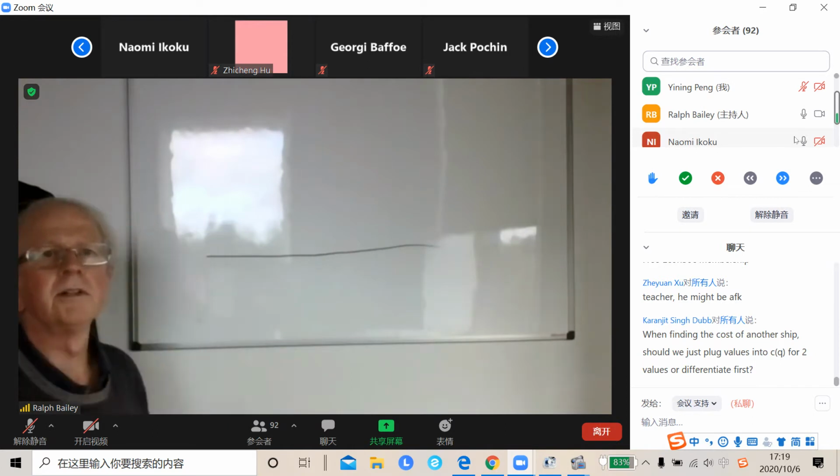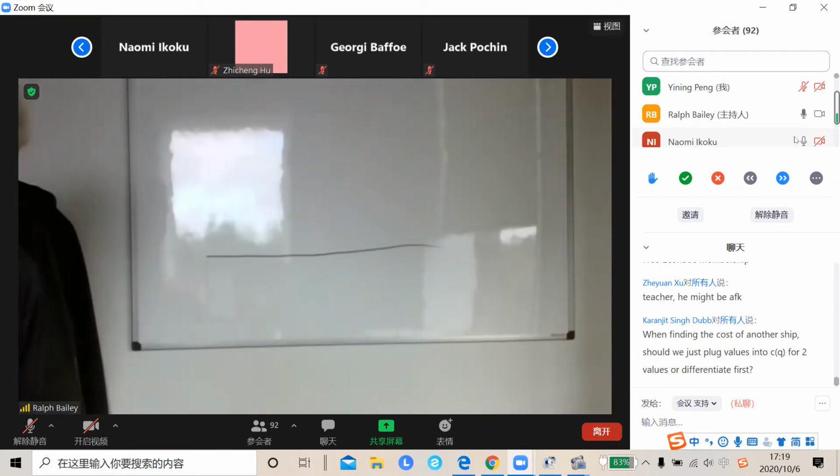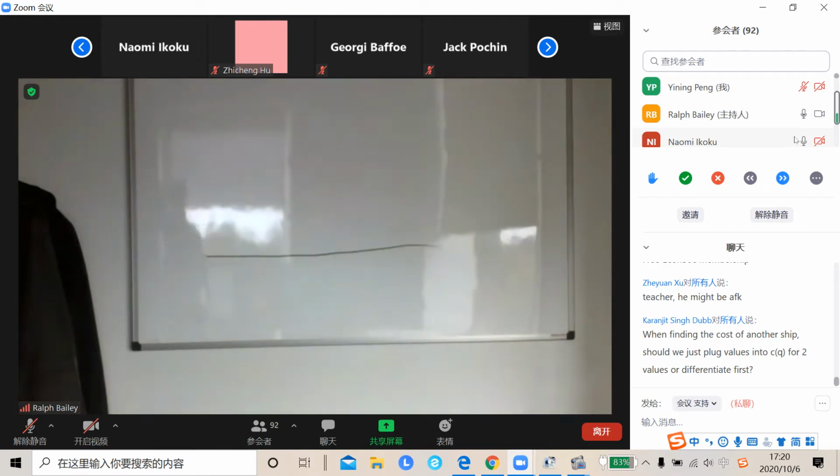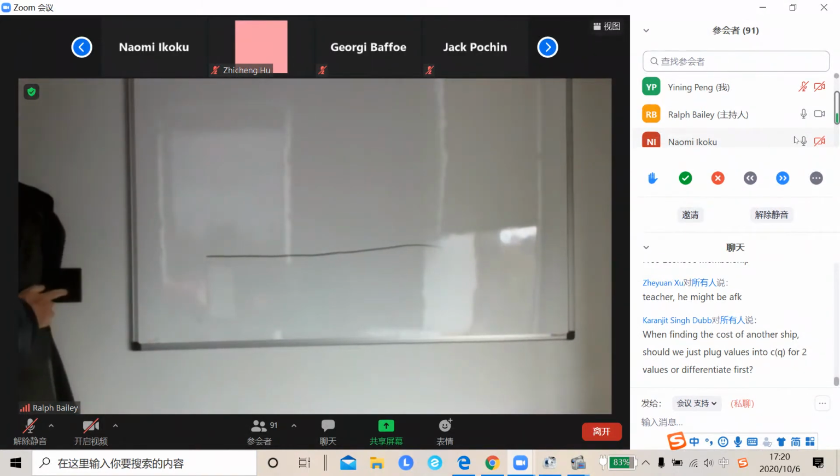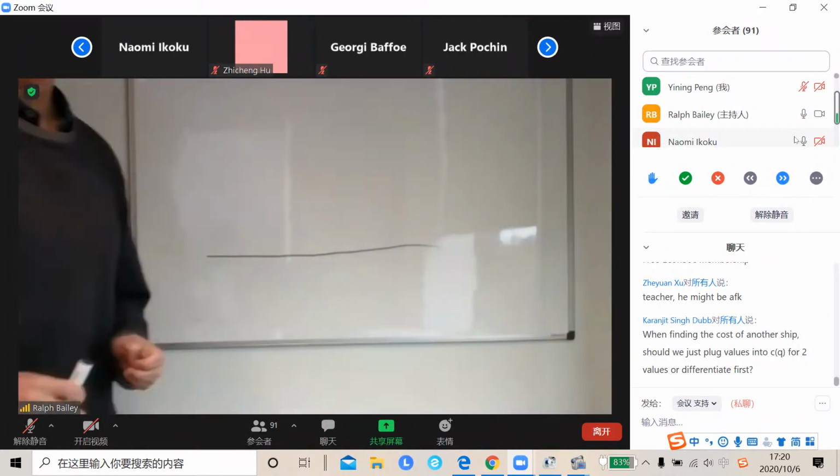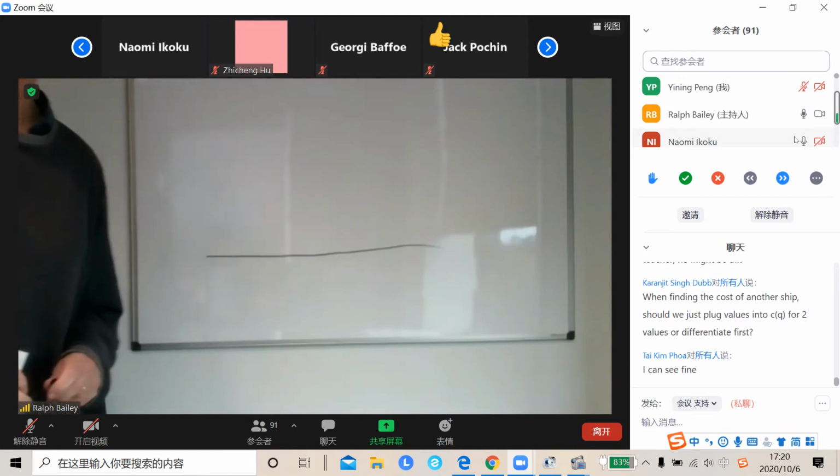Can you see that? I might have to close my curtains. Is that any better? A bit better, maybe.